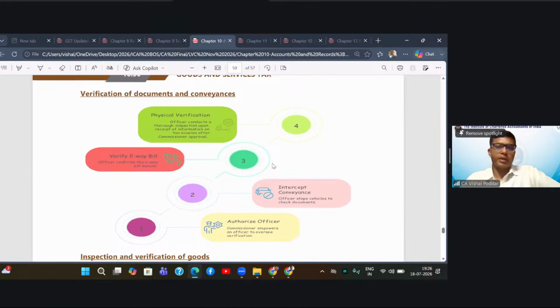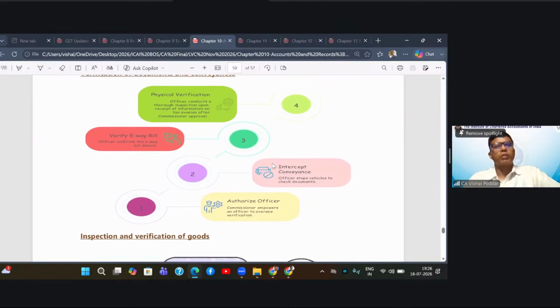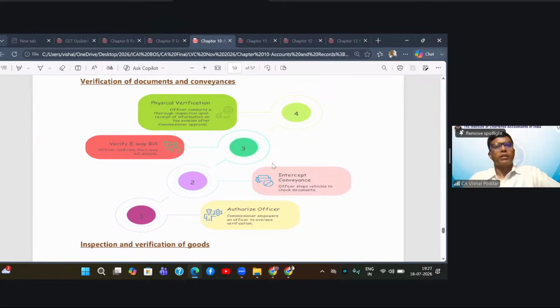Now comes the next part. Why is this e-way bill generated? So that while your goods are moving on the road, there is a possibility that an authorized officer can stop your vehicle, intercept your vehicle. Why? Because the officer is authorized under section 68 to do verification.